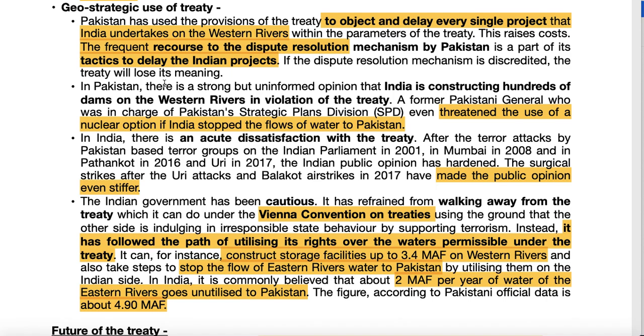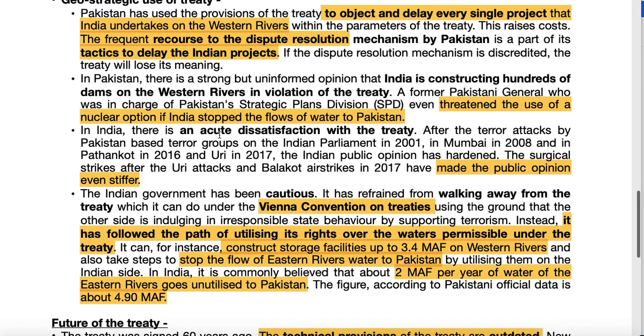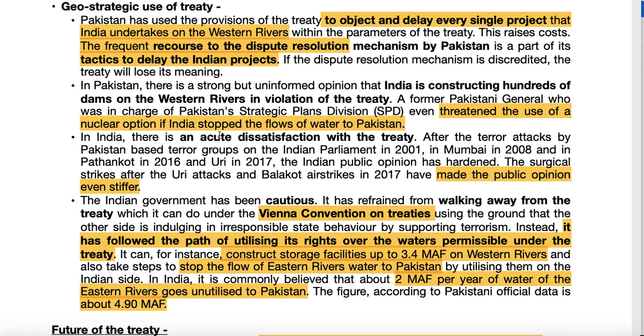So there have been some strong sentiments in Pakistan, where the government of Pakistan and Pakistan Army is manipulating the media and its people by saying that the treaty provisions have been unfair to them. A former Pakistani general was also seen threatening India with a nuclear option if India keeps on pursuing its projects in Jammu and Kashmir. So all this is happening despite India having an unfavorable distribution under the treaty.